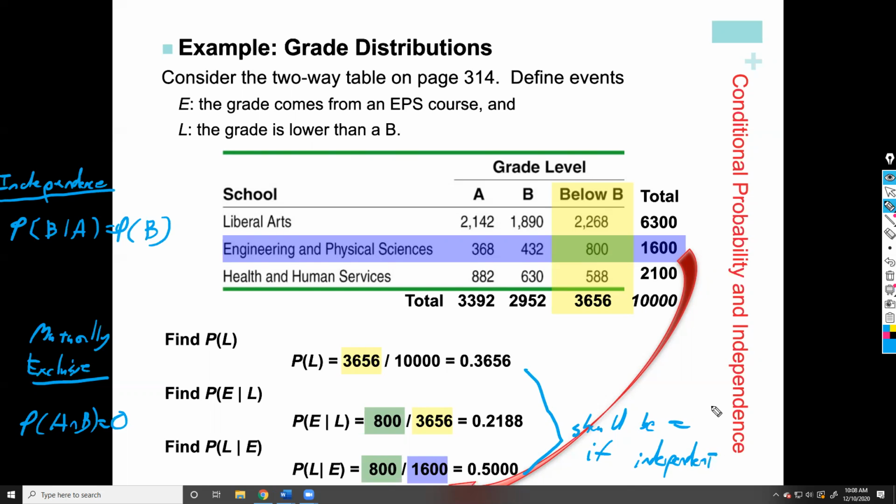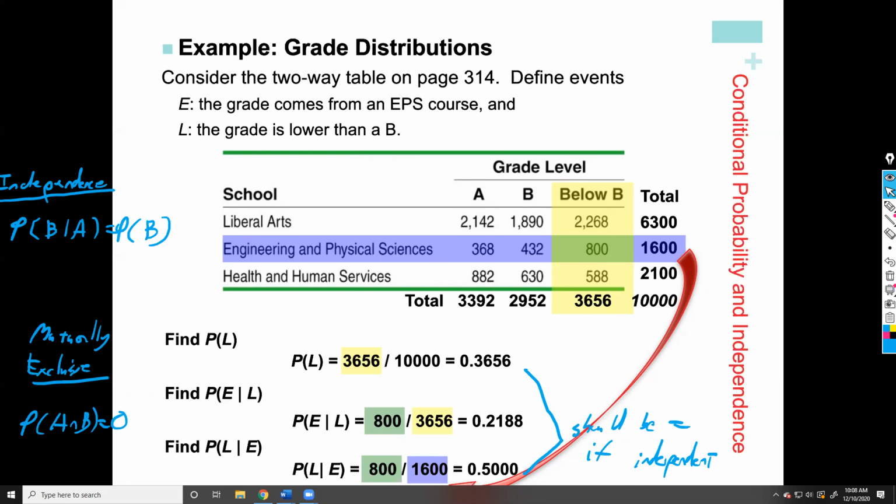In other words, what we're saying, if the two events are independent, is that if I want the probability that they had a low grade, then knowing which school they came from shouldn't affect that probability. It shouldn't change that probability. But it does. If I tell you they're from engineering, physical sciences, the chances that they got the low grade goes up.